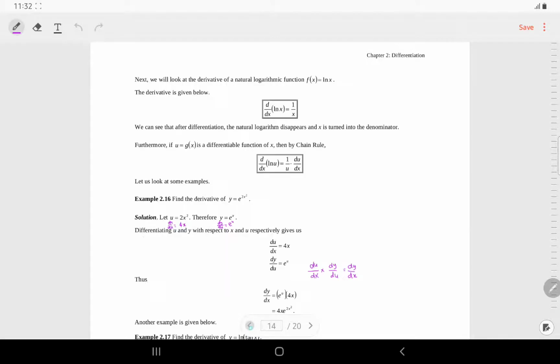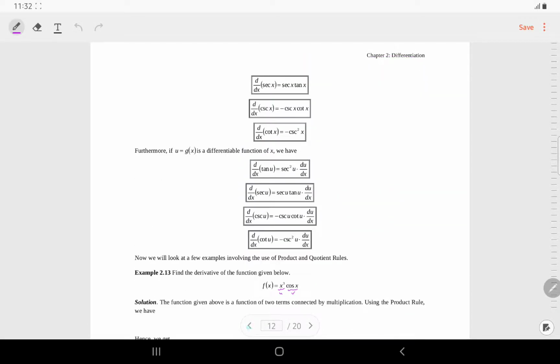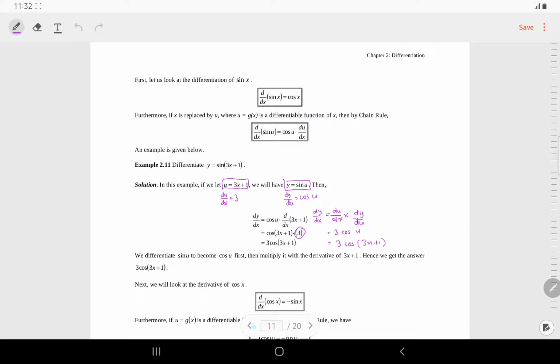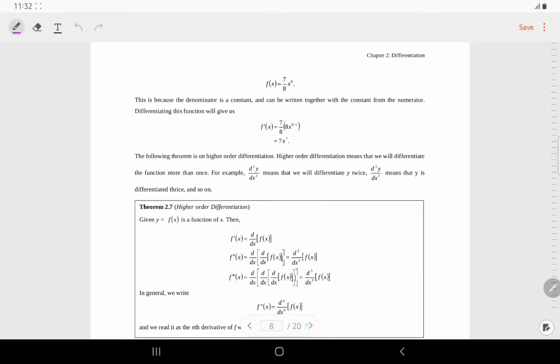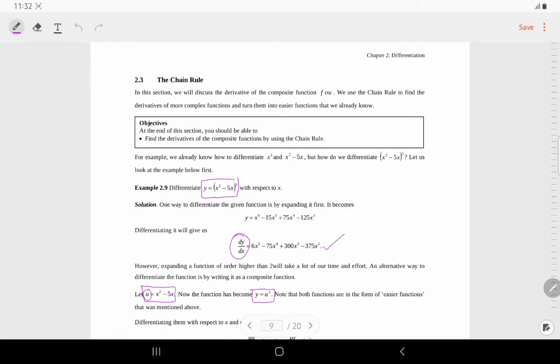Now we recap what we have learned earlier. First, we learned the concept of using the chain rule. The first step is to choose our assumption of u.